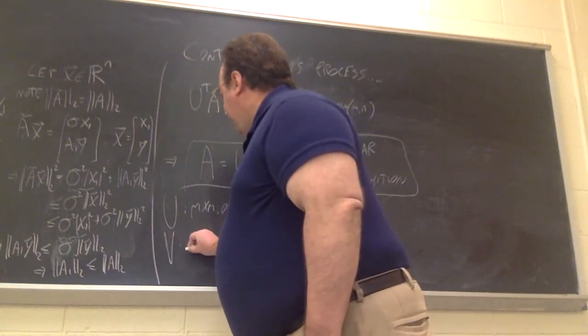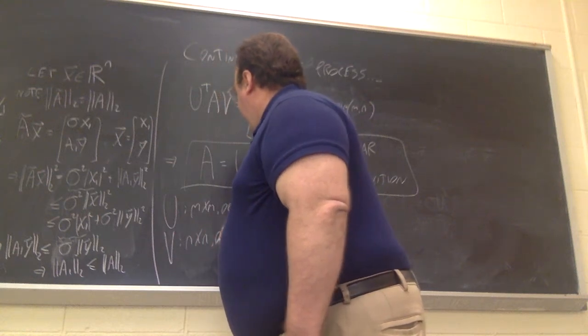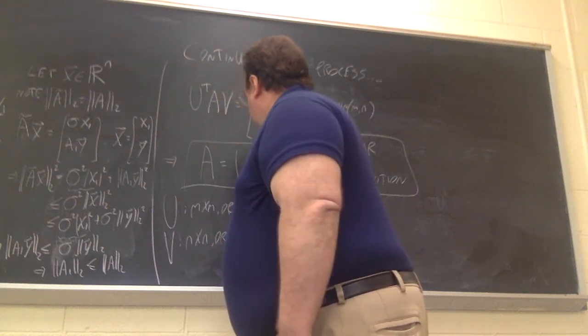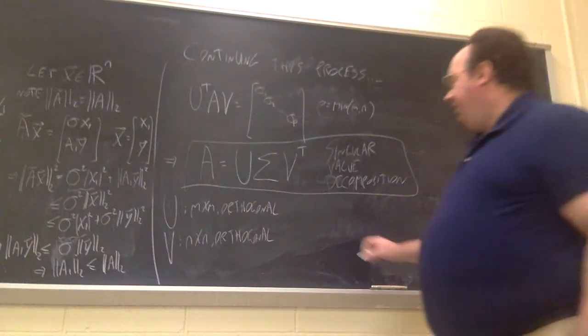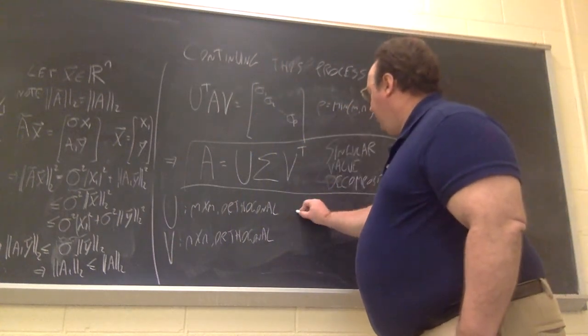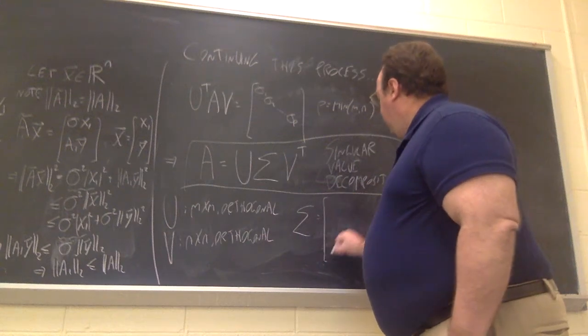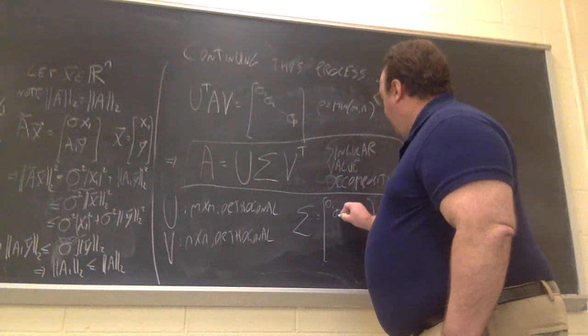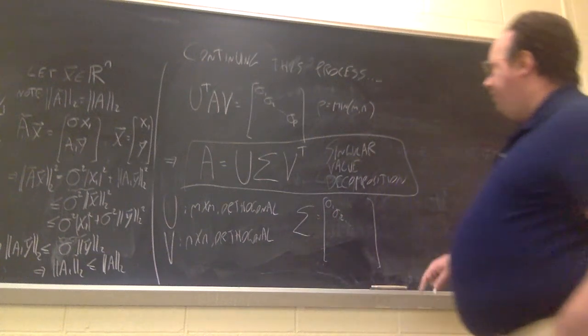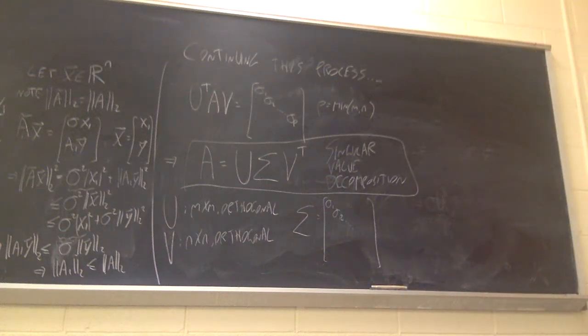V is N by N, also orthogonal. And then sigma is this matrix here. So you have sigma 1, sigma 2, sigma 3, and so forth, as many diagonal entries as you can have based on the dimensions of the matrix.